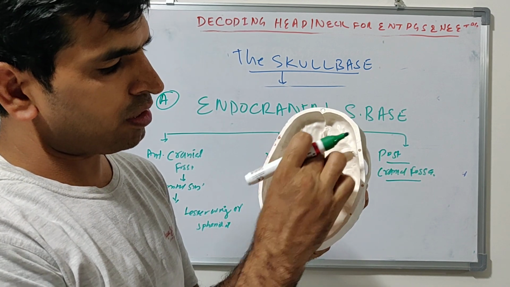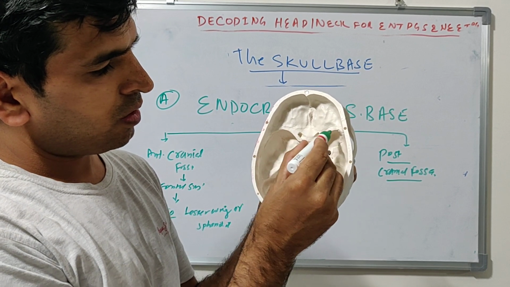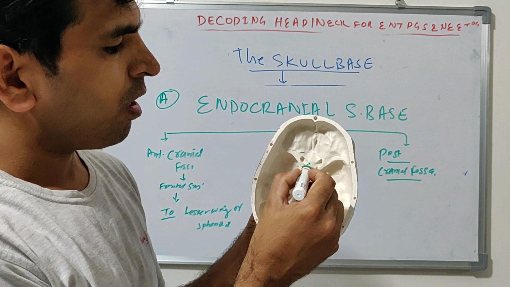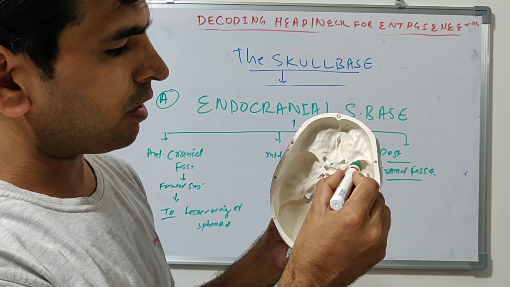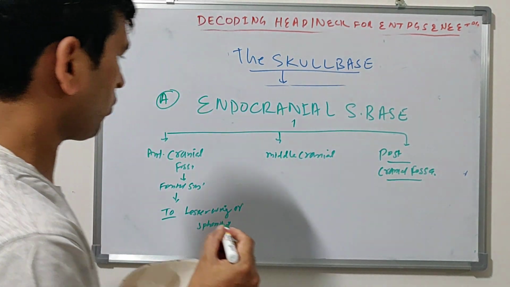These are the lesser wings of the sphenoid. This is the body, the jugum sphenoidi, the body of the sphenoid. So up to the posterior border of the lesser wing of the sphenoid, this is the anterior cranial fossa.